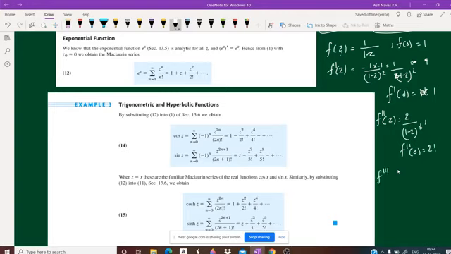Similarly, f triple dash of z is the derivative of this, which is 2 into 3 divided by 1 minus z all raised to 4, so f triple dash of 0 is equal to 3 factorial, etc.